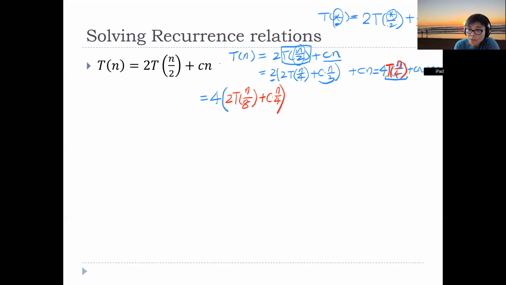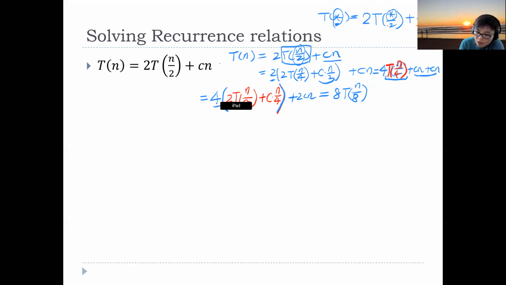Now I apply the same recurrence to T of n over 4. Outside, I have 2Cn from the previous iteration. Again, let me take this out of the parentheses. 4 times 2 is 8, and inside is n over 8.